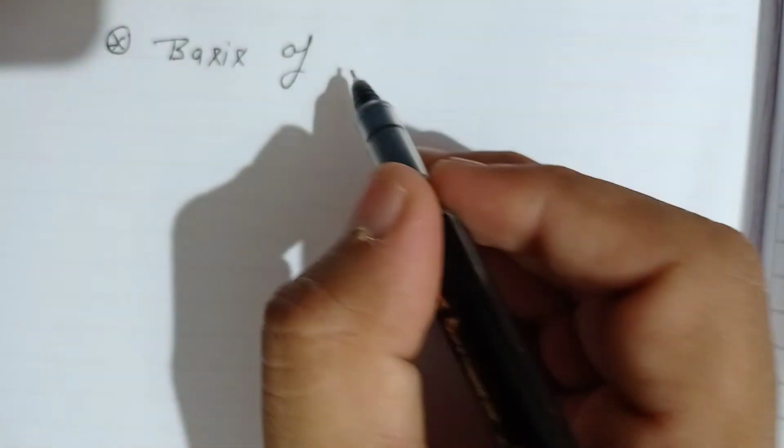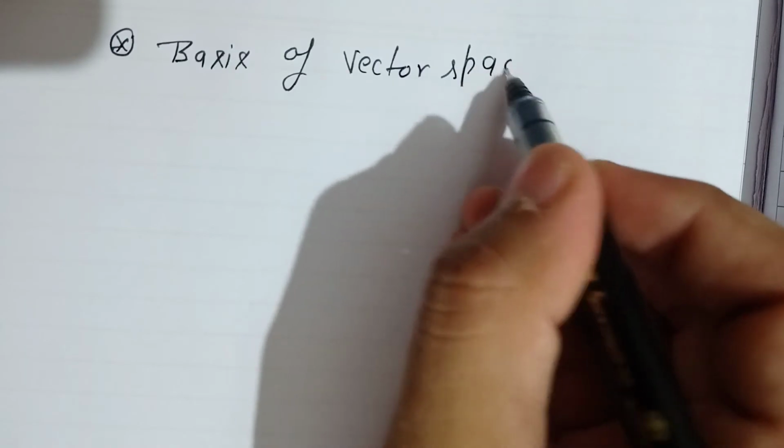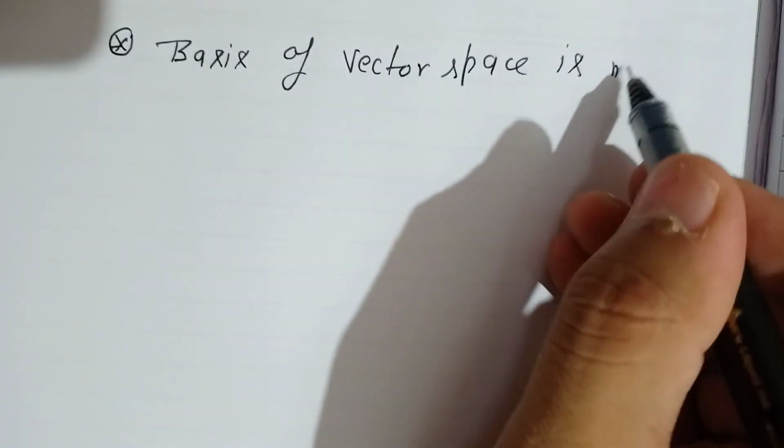Now the next property we have: the basis of a vector space is not unique.